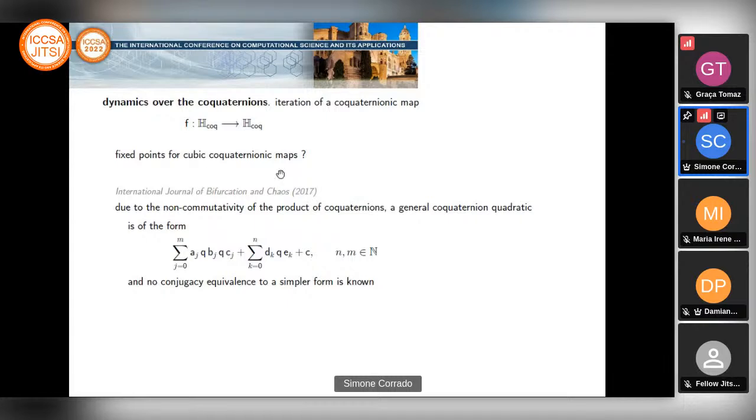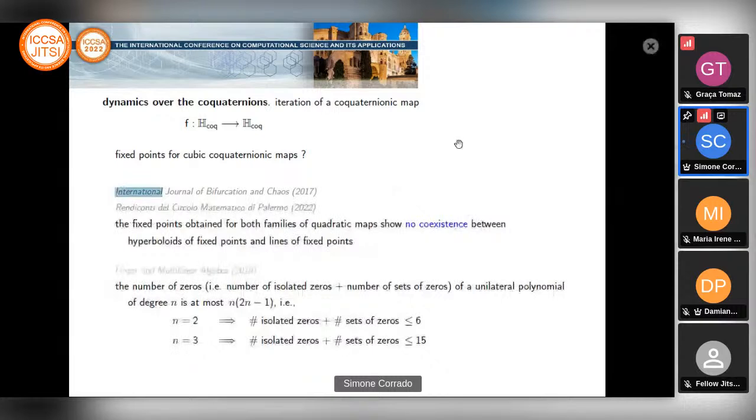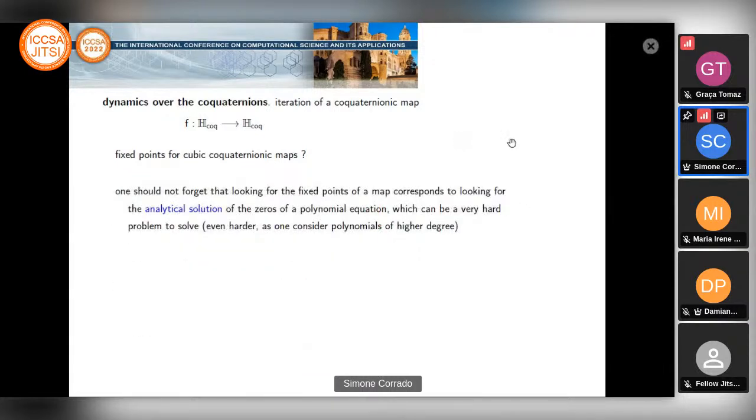Okay, let me skip the following. I have here a second slide saying that maybe it's too difficult to study fixed points for cubic quaternionic maps.